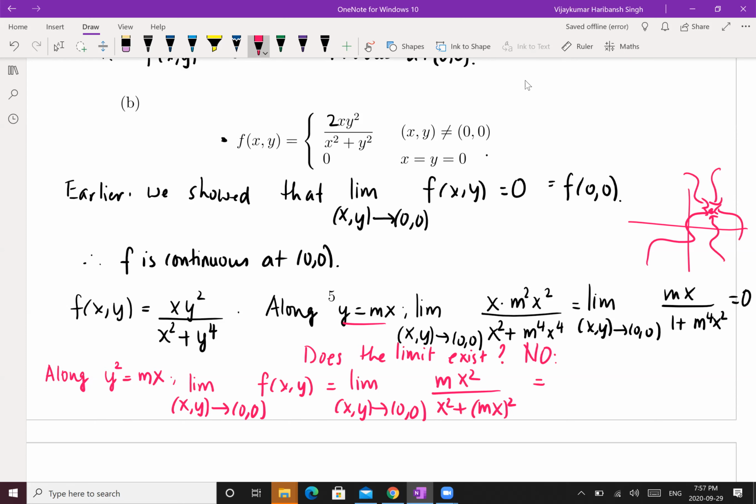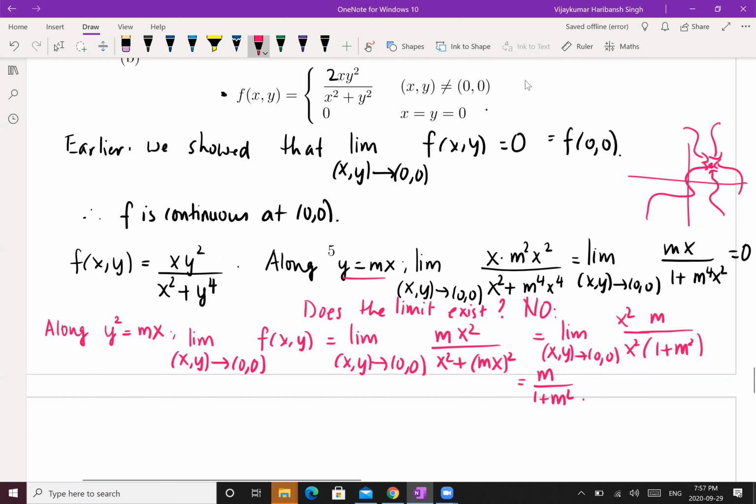Take x squared common, cancel it out. We get m upon 1 plus m squared.